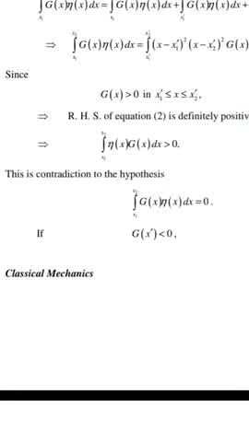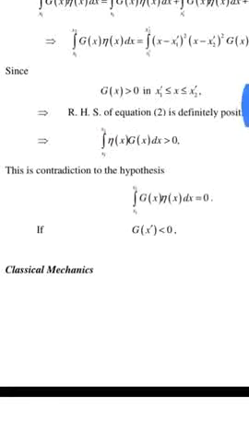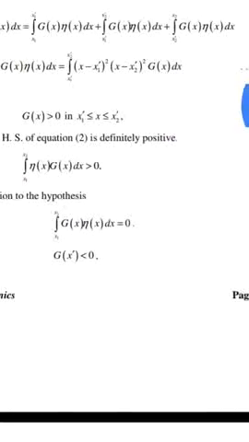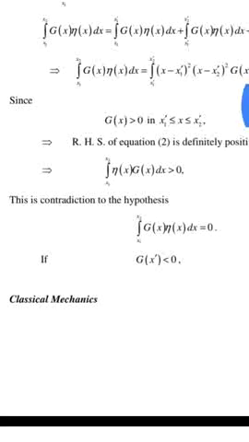Therefore, since g of x is greater than 0 in x1 dash less than or equal to x less than or equal to x2 dash, the right-hand side of the equation is definitely positive, that is, the integral from x1 to x2 of g of x eta of x dx is greater than 0, which is a contradiction to our hypothesis.